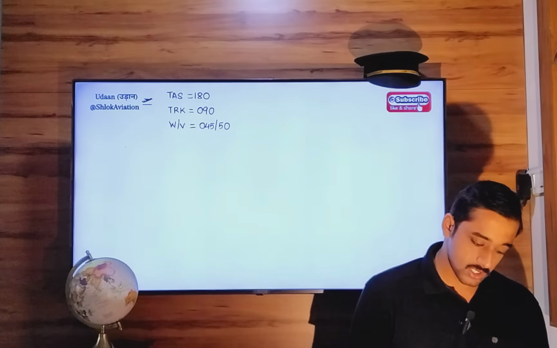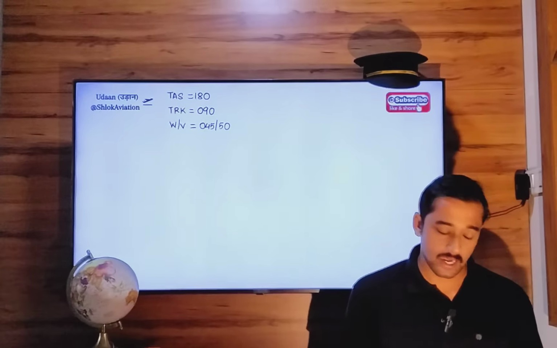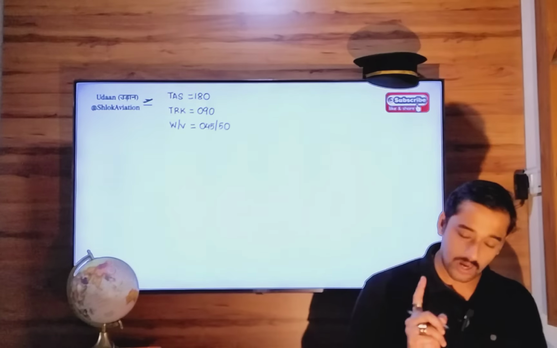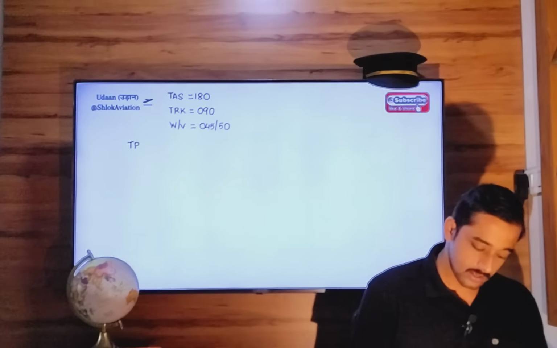So you should make a table like we always do for PNR questions. Now for PNR, you have to make two tables, one table, two rows. The first will be for your track.